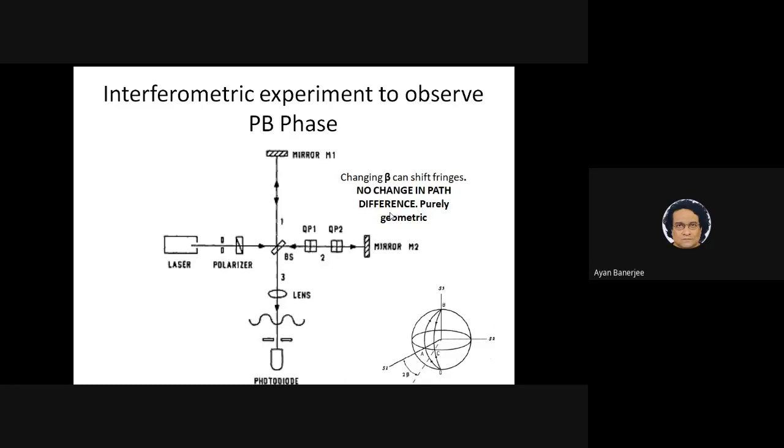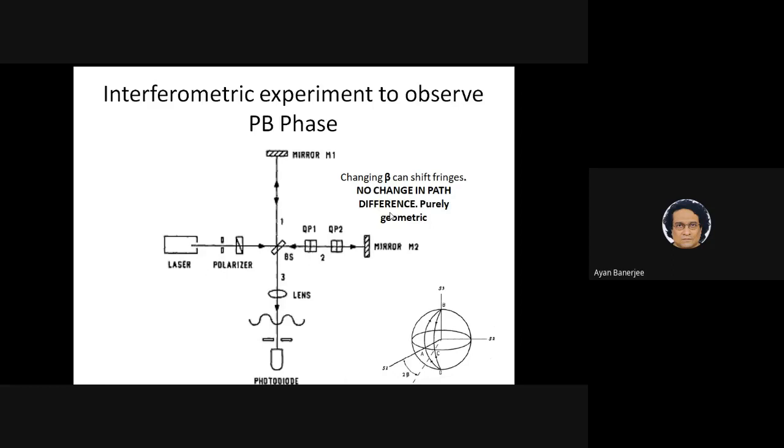But here you will see that just by rotating this, you can change the fringe contrast tremendously, and you can also make the fringes move. By rotating this cube, this quarter wave plate too, you can see the fringes move. With two quarter wave plates, you will always get some kind of linear polarized light. But remember, you are absolutely not changing the mirrors in any way.